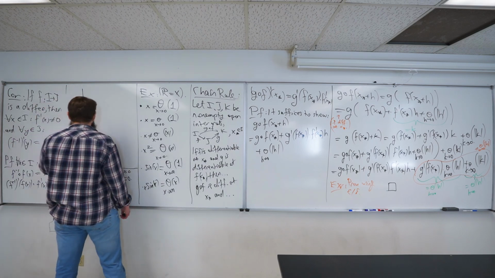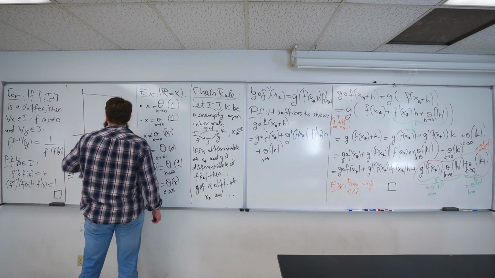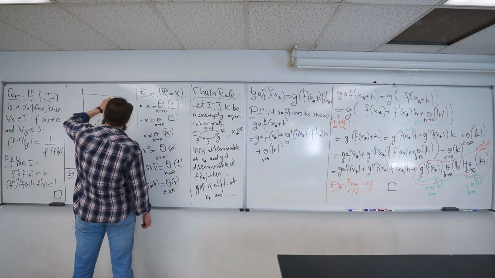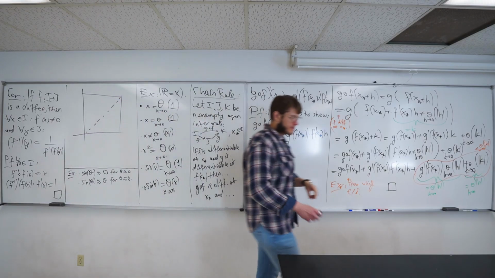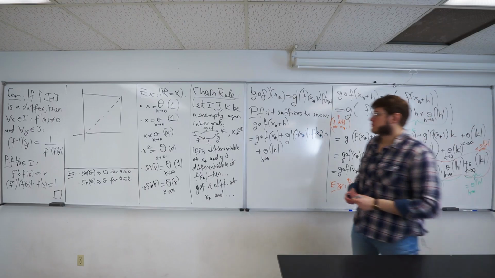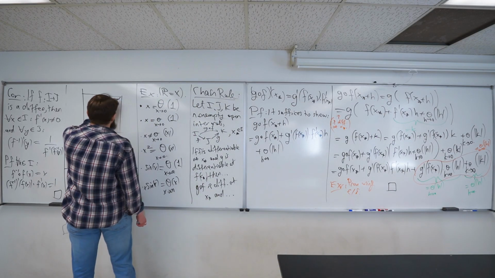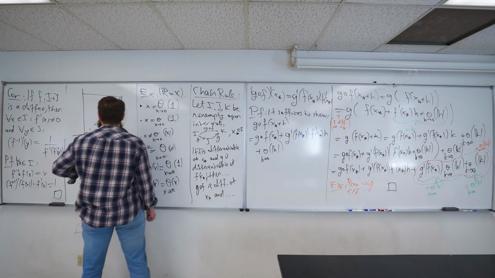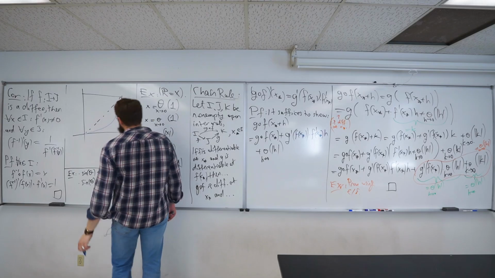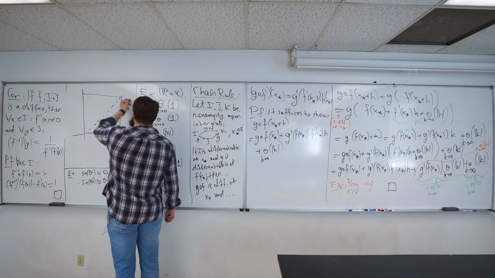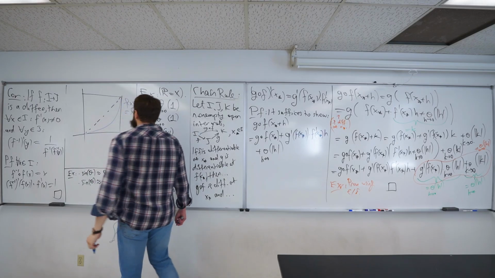So if I have something like this, say this is my f, it seems like it is x squared. f of x equals x squared.